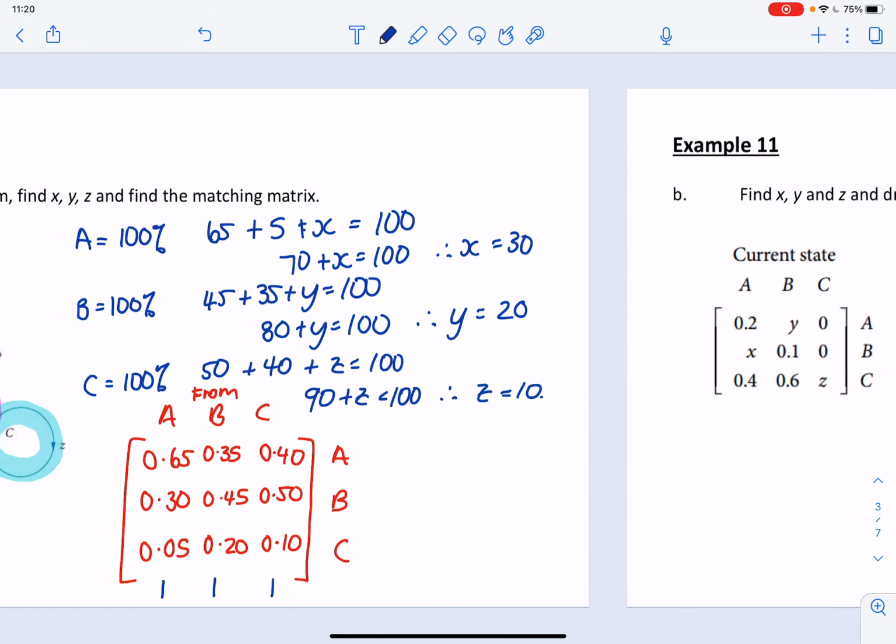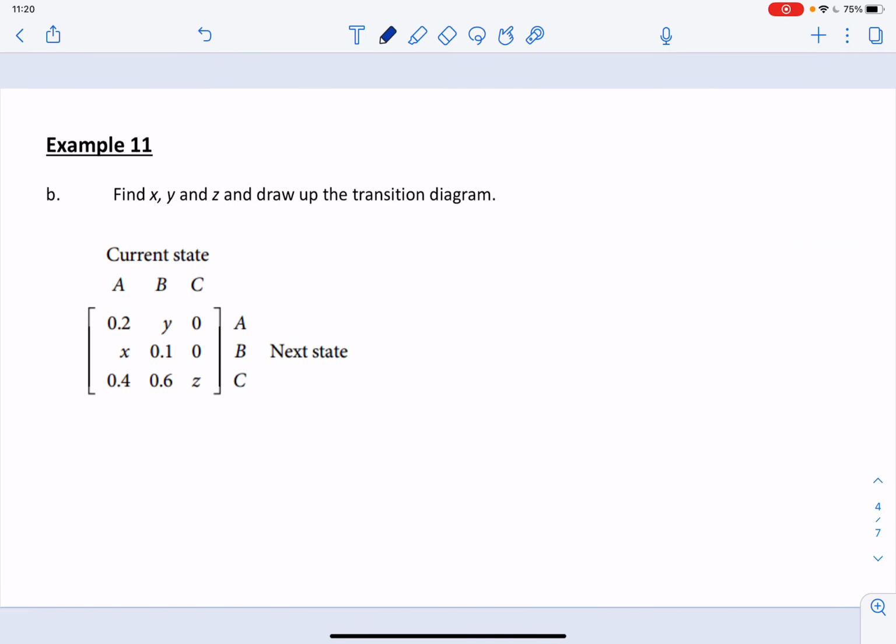Now part B asks us to go from the current state to the next state with A, B and C. And it says find X, Y and Z and draw up a transition diagram. Now looking at column A, just these guys here on the left, I've got to remember that everything has to equal 1.